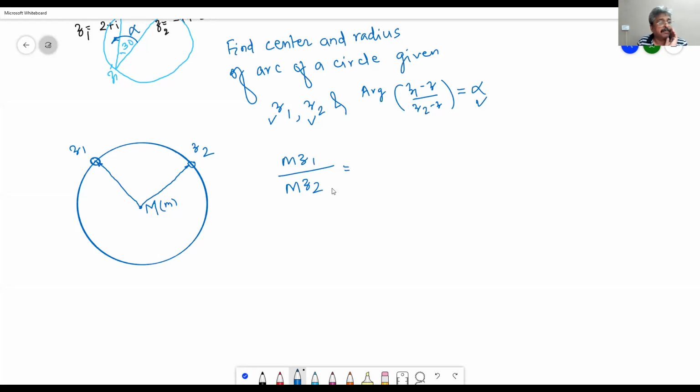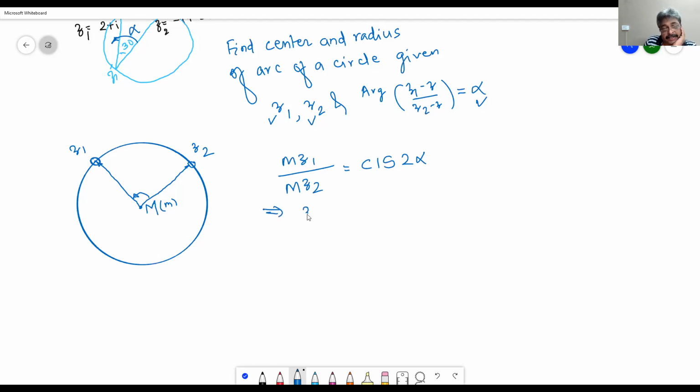And what is going to be the complex number of this rotation? 2 alpha. Is that okay? This means cos 2 alpha plus i sin 2 alpha.